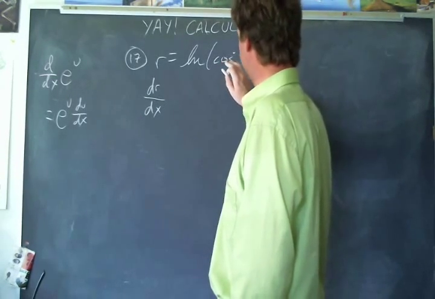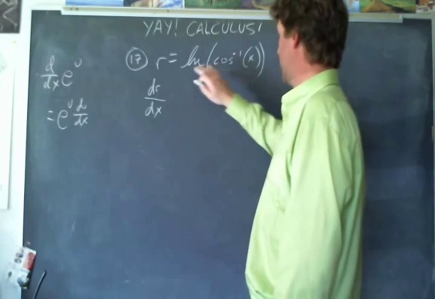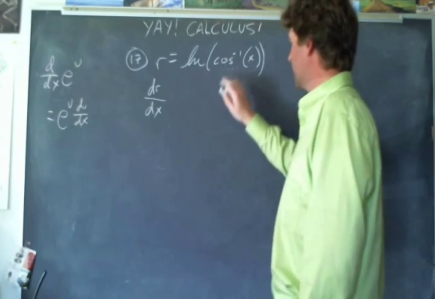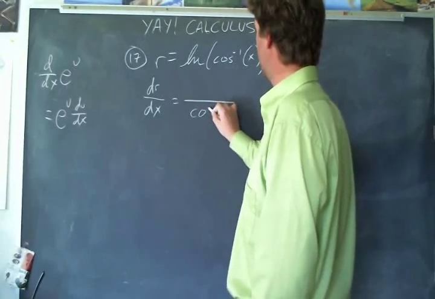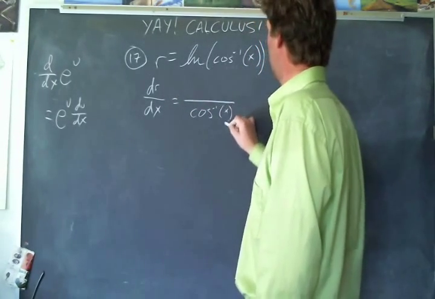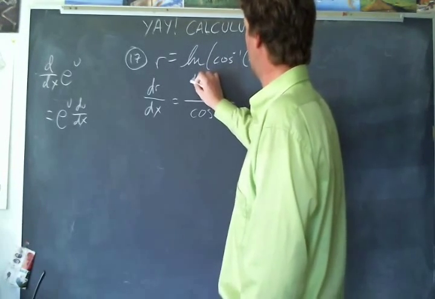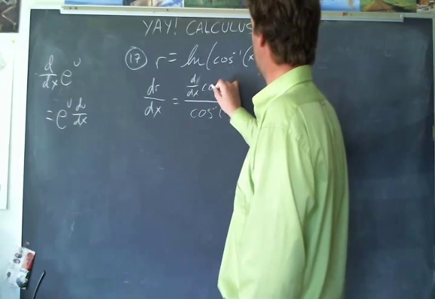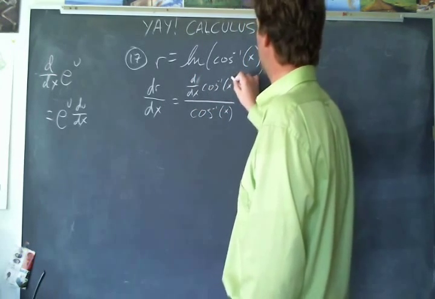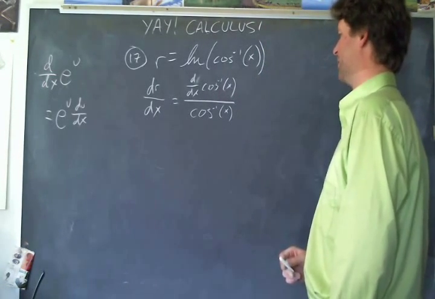Derivative of the input for the natural log over bottom. So let's keep the cosine minus 1 of x. We just have the derivative with respect to x of inverse cosine of x.